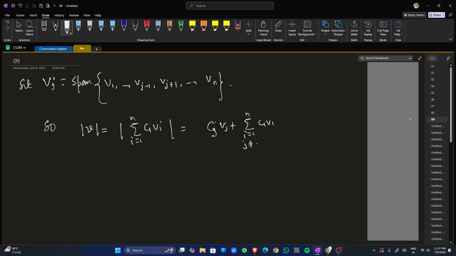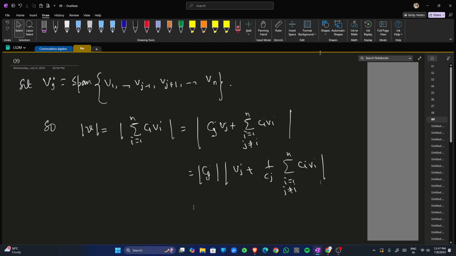Okay, cj vj plus summation i runs from 1 to n, ci vi, j not equal to i. Put cj out, it's vj plus 1 by cj summation i runs from 1 to n, j not equal to i, ci vi.